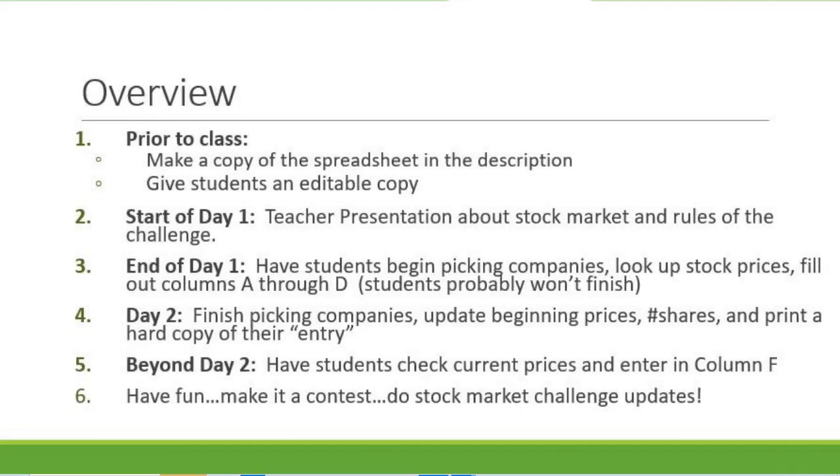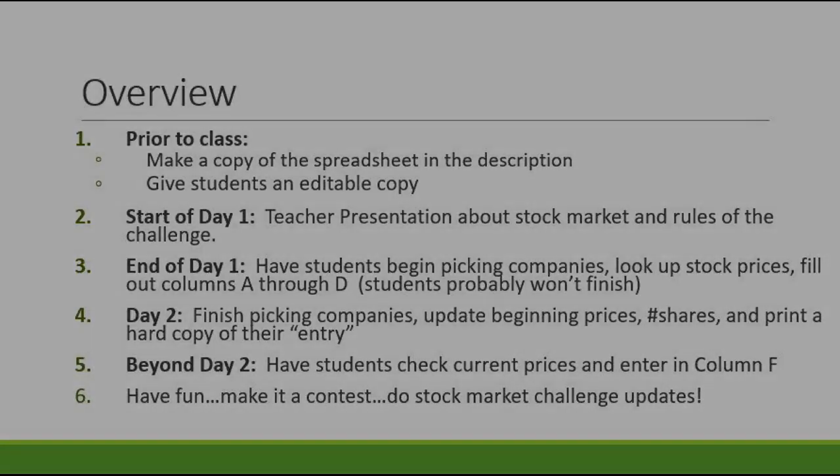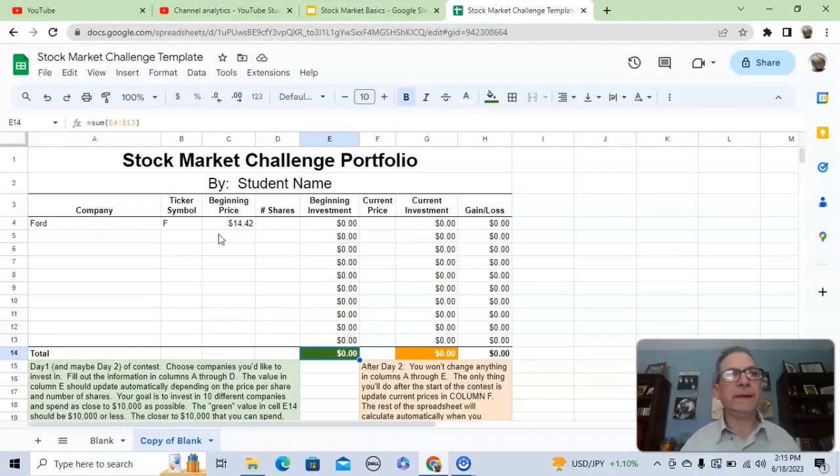Usually, I would say one day isn't quite enough for this step. I usually give the presentation and talk about the challenge. That takes 20 minutes to a half hour, and then I'll give some students time to research. Even if I ask them to be done in 55 minutes or whatever, usually I don't have many students that are satisfied with what they have. So usually we'll start on day one, and then we'll move forward into day two.